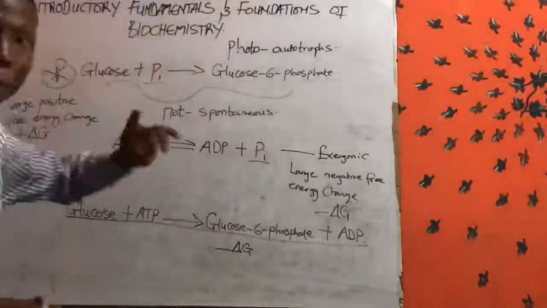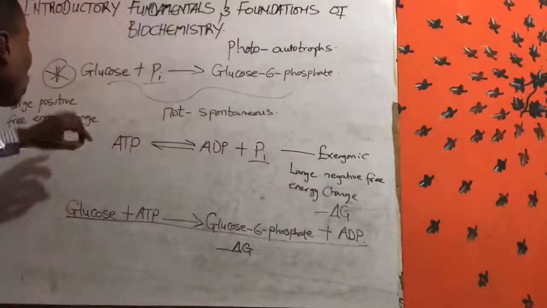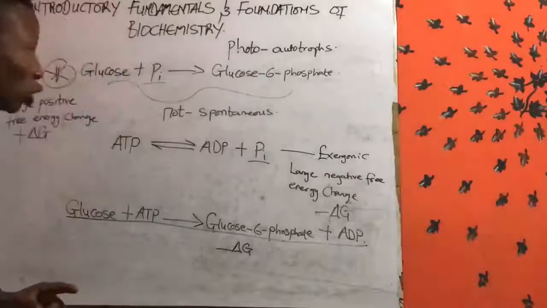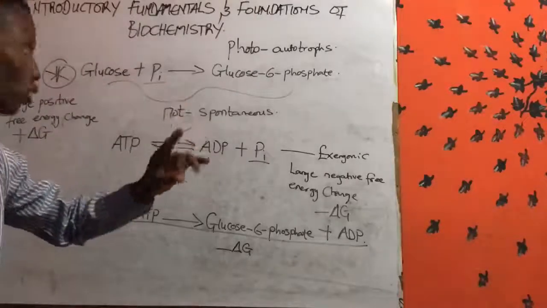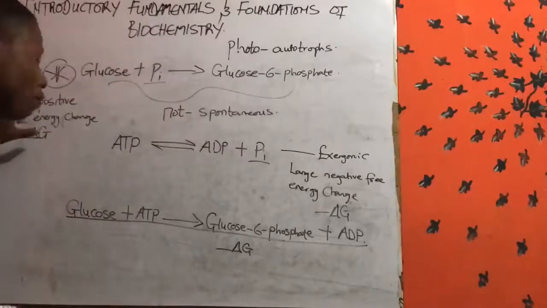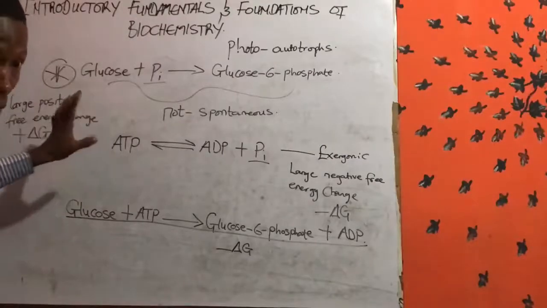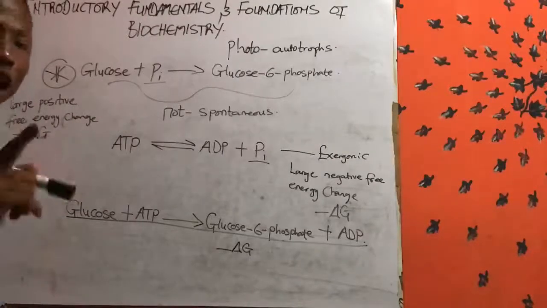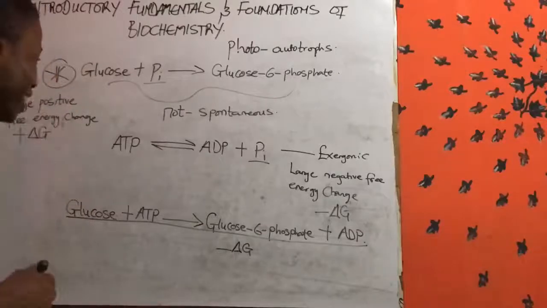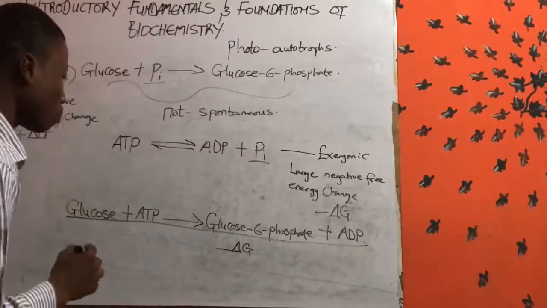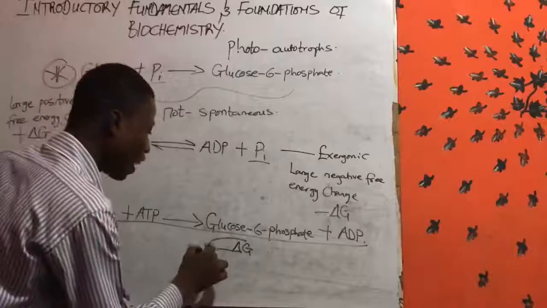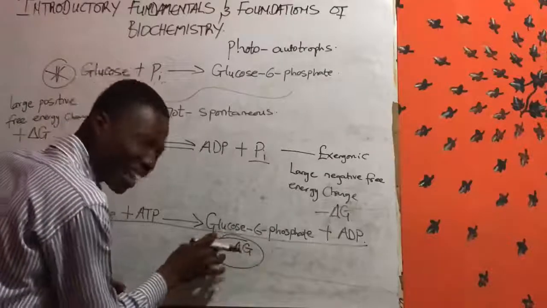So in biomolecular reaction, my straightaway reactions are usually non-spontaneous because the free energy change is large and positive. The rule of spontaneity of reaction is this: for any reaction to be spontaneous, the free energy change has to be negative.